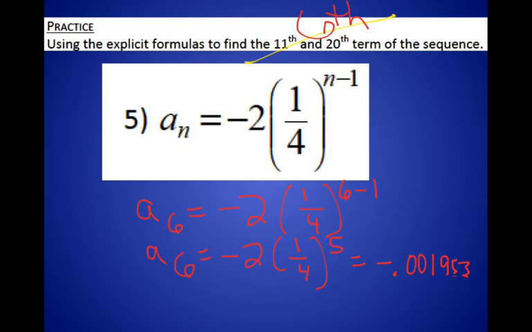Oh yeah, that's better. So this is actually negative 1 over 512. So try that feature that I was telling you about, the alpha feature. Alright, so I think that's going to do it.